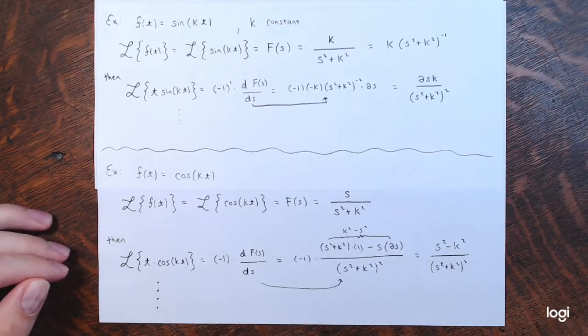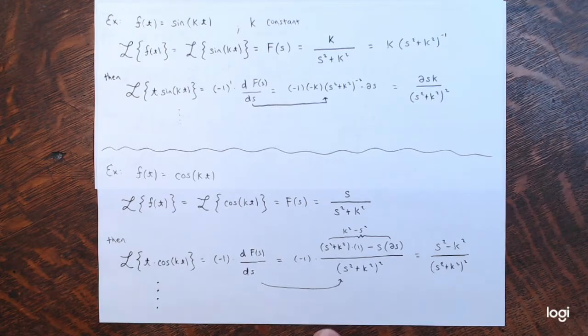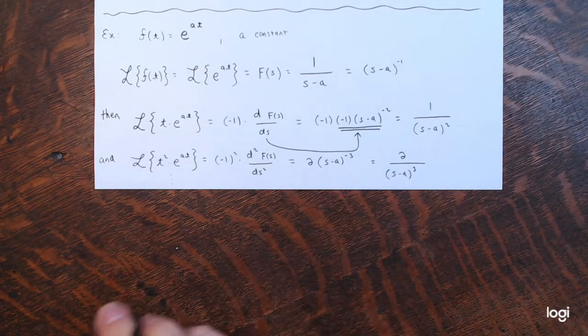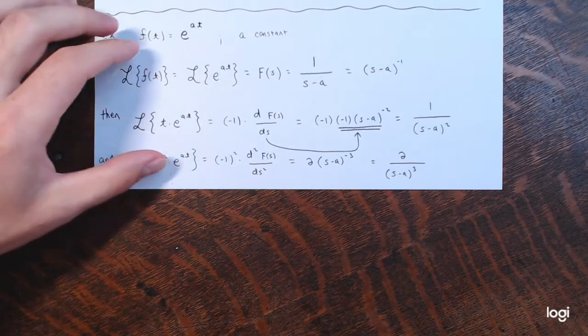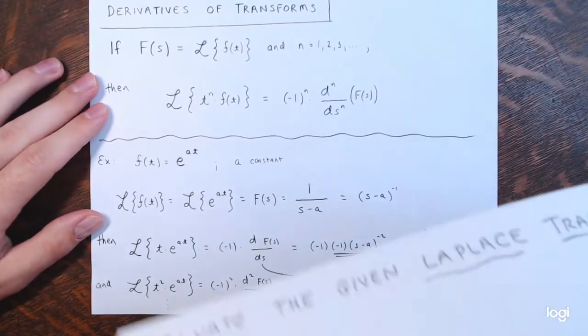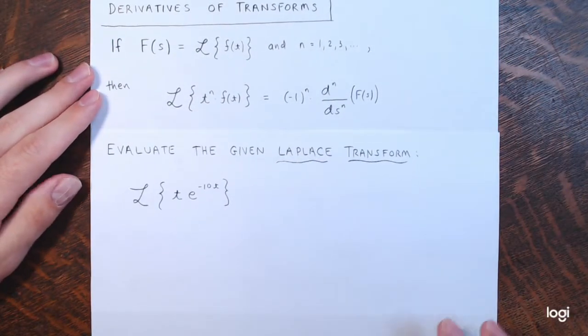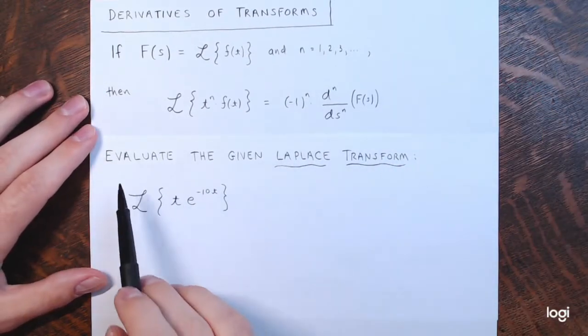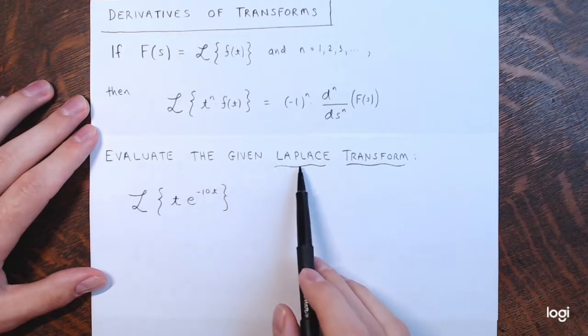Okay, so after those, let's get into some actual specific examples now. My first example is kind of like what I had here in this exponential function section. And for the rest of the examples in the video, I'm asked to evaluate the given Laplace transform.